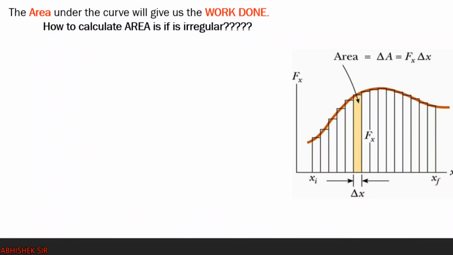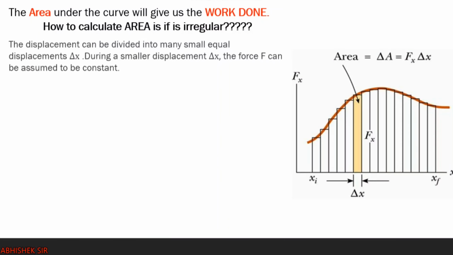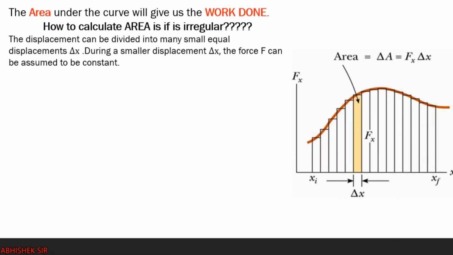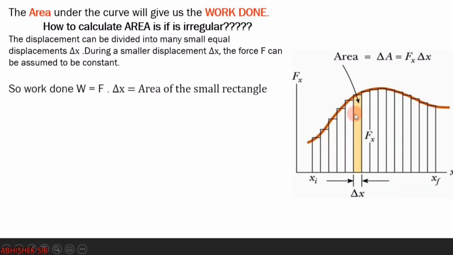Now we will apply a trick. You see in the figure what we have done: we have divided the total displacement, from xi to xf, into small rectangles. Let us suppose there are n number of rectangles. If you focus on any one rectangle, what is the area of the rectangle?